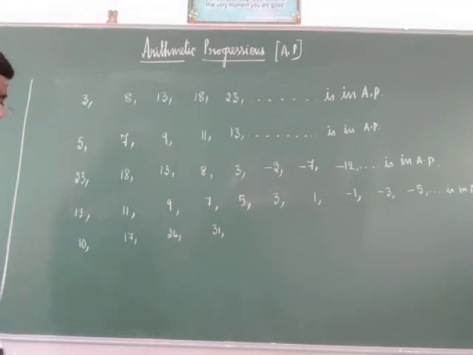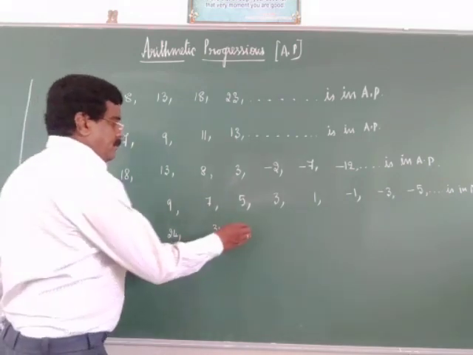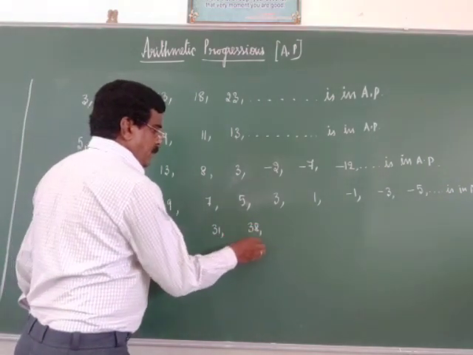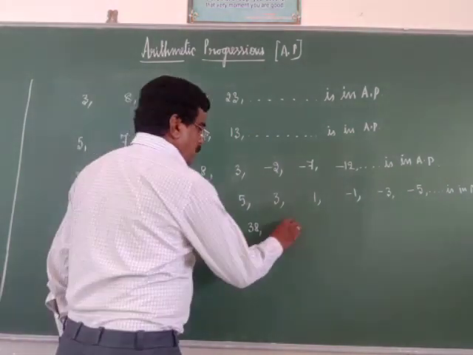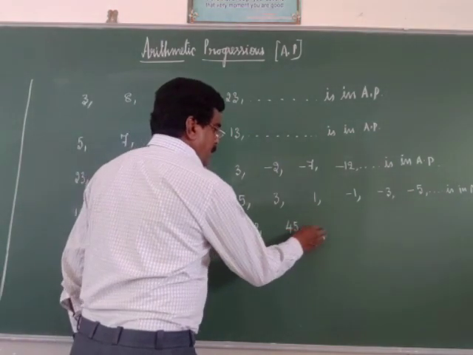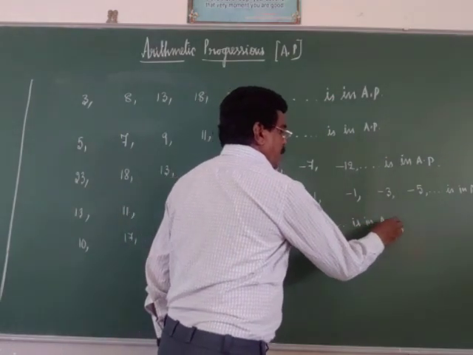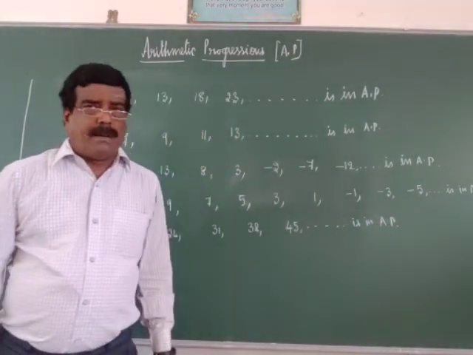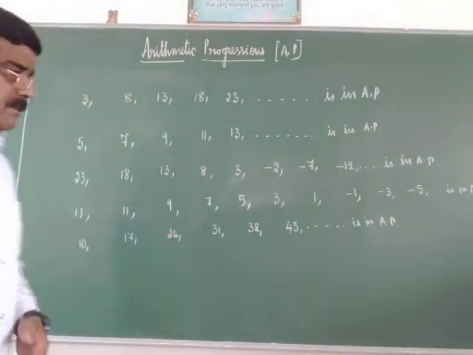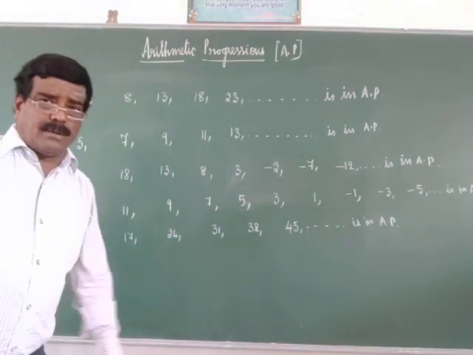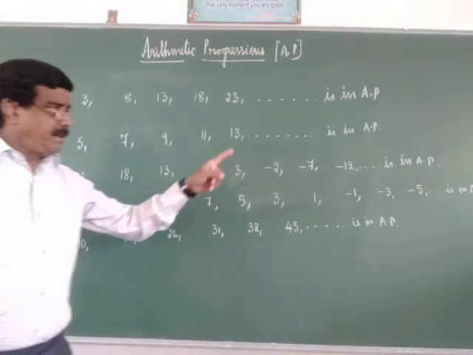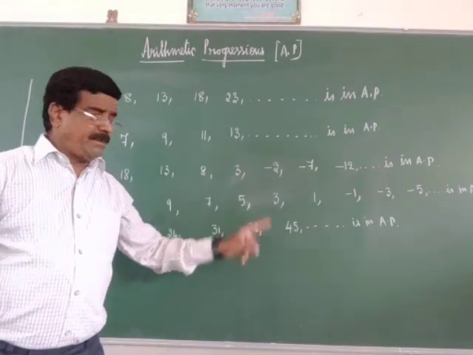Can you say the next number, children? Correct. See children, like that you can go on writing a lot of examples. So in these 5 examples you can observe everything I have written is in AP.